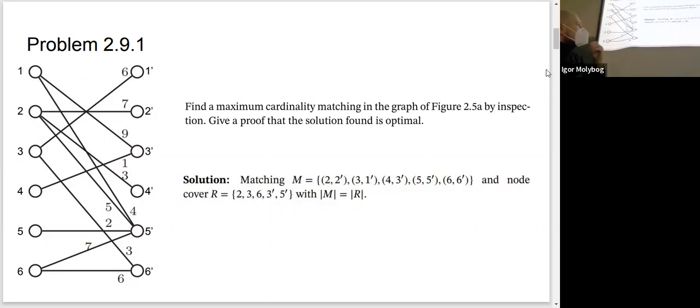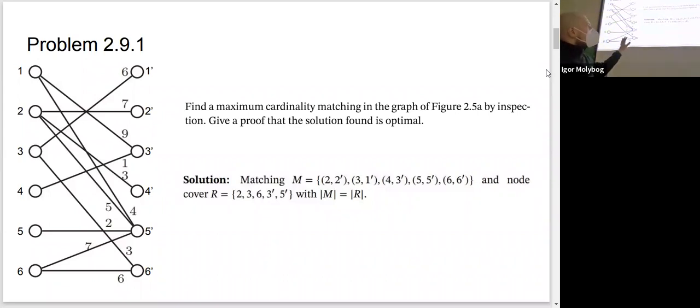It is easier to deal with this particular example, even though there are multiple nodes and multiple edges, just because it's a bipartite graph. We have two sets of nodes, and the nodes in each set are not connected to each other. So it is an easy problem even from the computational viewpoint.